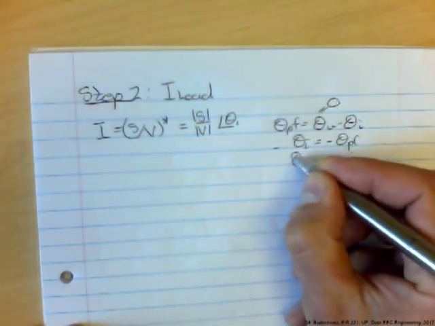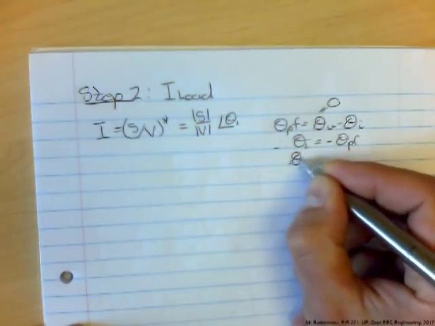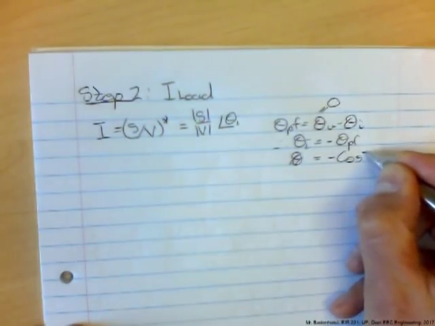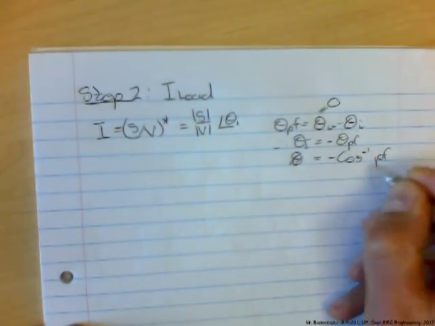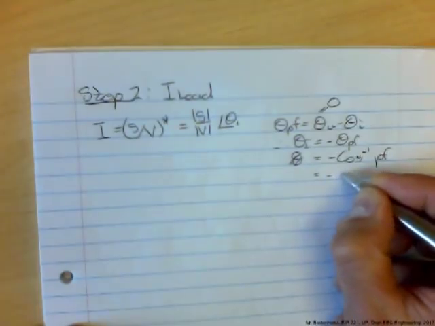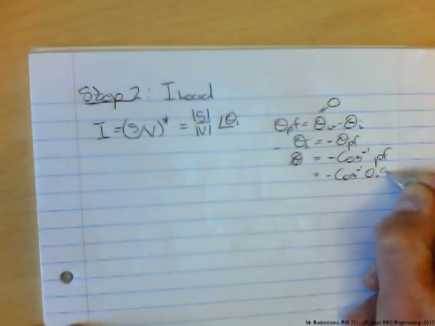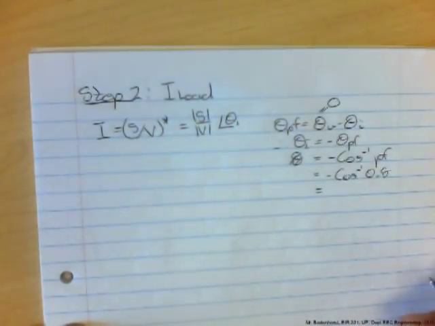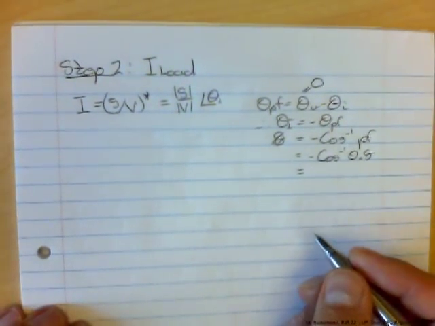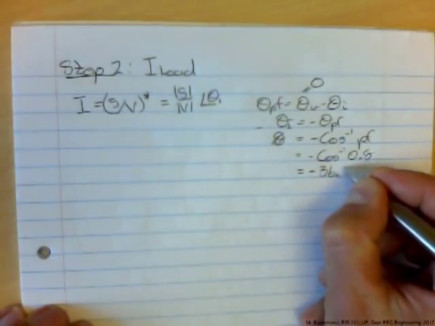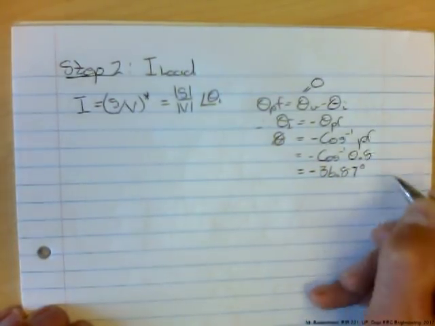And theta power factor is cos minus 1 of the power factor, so minus cos minus 1 of 0.8, and that equals minus 36.87 degrees. So we know what the current angle is.